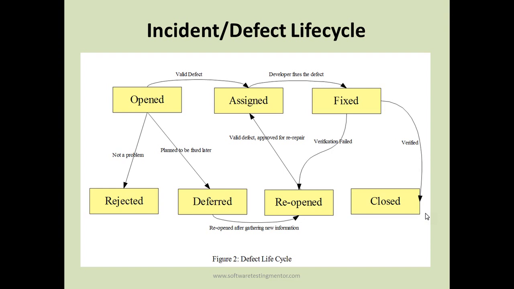In case the tester retested the fix in the new build and verification failed, he will reopen the defect. After reopening, it will again get assigned to the developer who fixed the issue, or it will move to the open queue again, and then the person managing the defects will reassign the defect to the developer.